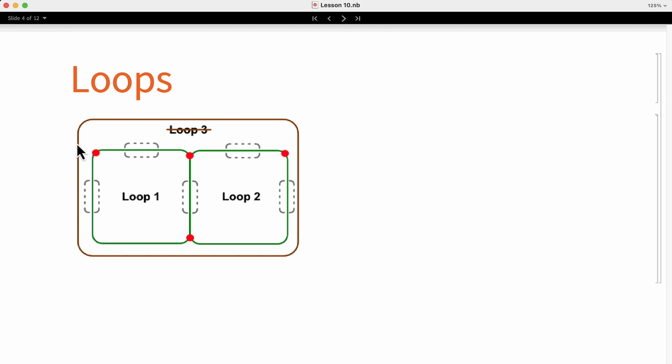This one belongs to loop 1, loop 1, loop 2, and loop 2. So loop 3 is completely covered by smaller loops. We need to be very careful in this situation because we may end up with incorrect equations.